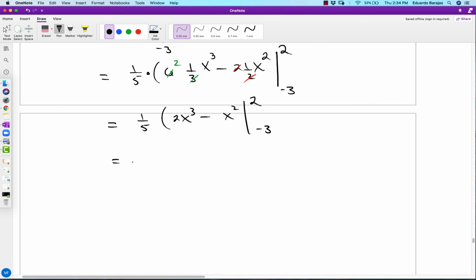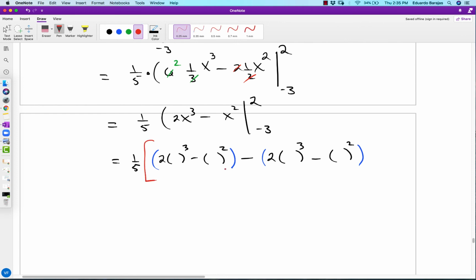And so now this is equal to 1/5, and then 2 blank cubed minus blank squared, minus 2 blank cubed minus blank squared. Let's be careful to put parentheses around here, parentheses around there, and also a giant bracket here to indicate that the entire thing is being multiplied by this 1/5. The 1/5 applies to all of it.